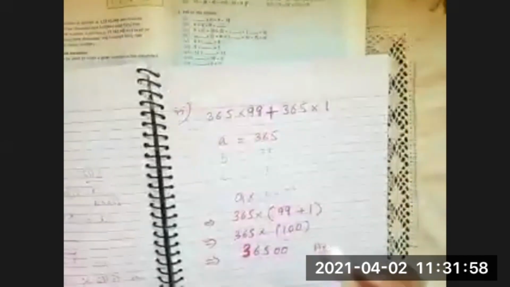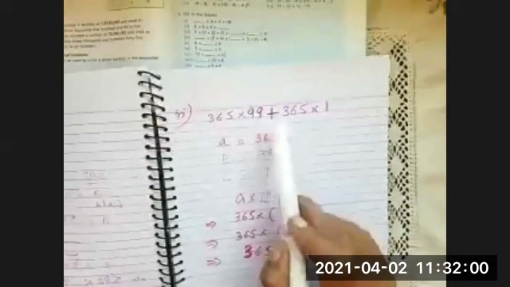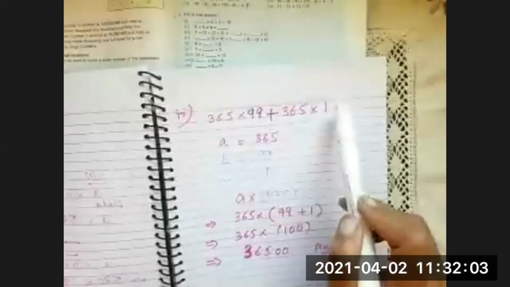In the second part, we have three quantities, but there is an addition sign and the third quantity is missing.